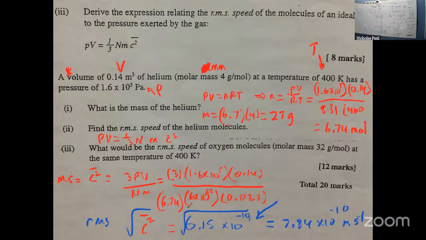What's the SI unit for mean square? m squared s to the minus 2, correct. Because it's the speed squared. So you just square the SI unit.